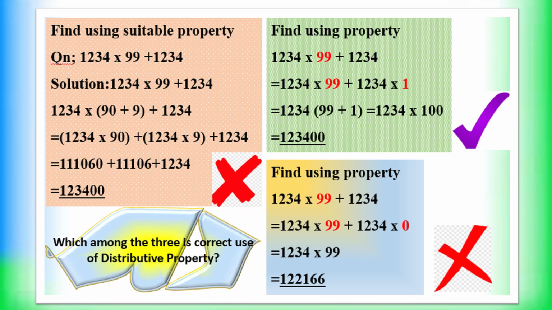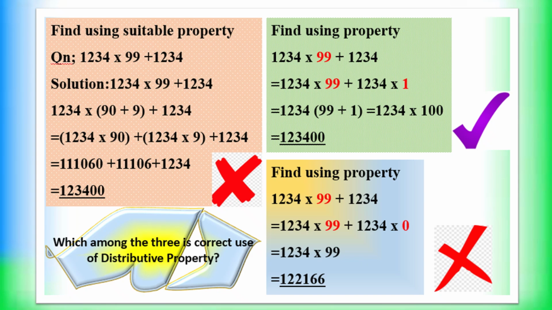But if you keenly observe the first product, 1234 into 99, if we use the distributive property by splitting 99 as 90 and 9, and then finding the subproducts, 1234 into 90 plus 1234 into 9, and then finally adding that 1234. In the given question, it appeared as apart from the product 1234 into 99, so adding that 1234 finally and then getting the answer.